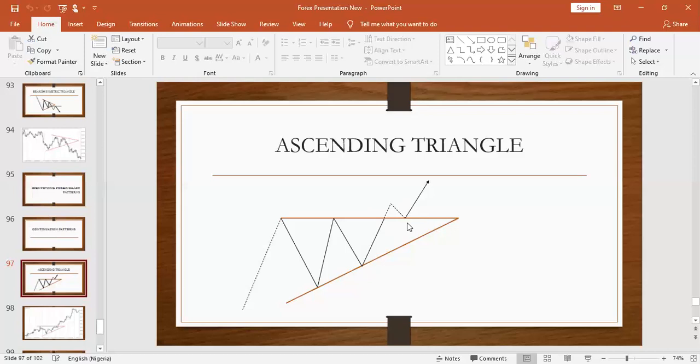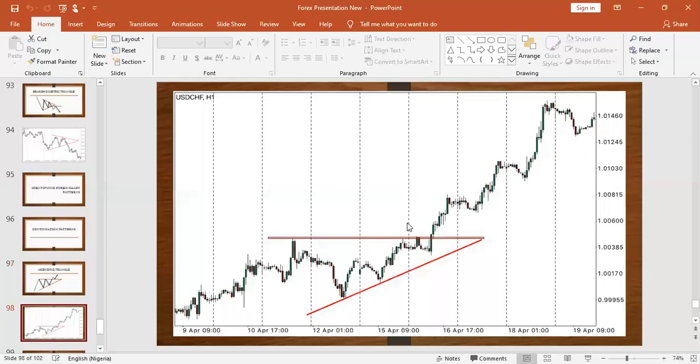So let's look at the next slide, where we'll see what it actually looks like on the live chart. Great. This was a screenshot taken on the US dollar against the Swiss franc. What happened? Price came all the way down and hit our trend line, which is a support, and price went up.